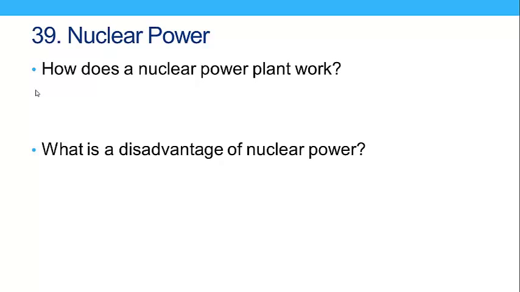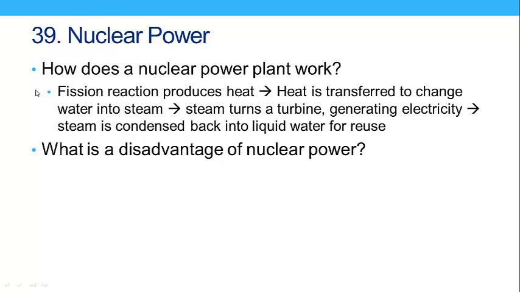Next question, how does a nuclear power plant work? So it's very similar to how a steam locomotive works, except instead of making the steam by burning coal, we make steam by a fission reaction. So this fission reaction produces heat, and the heat is going to be transformed into different forms.